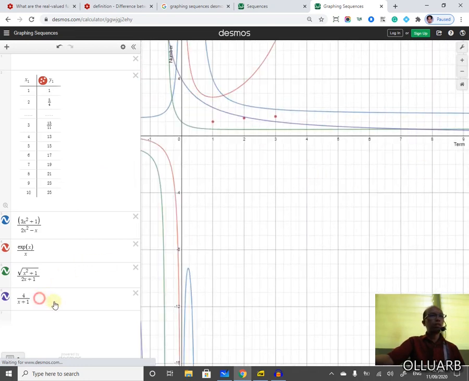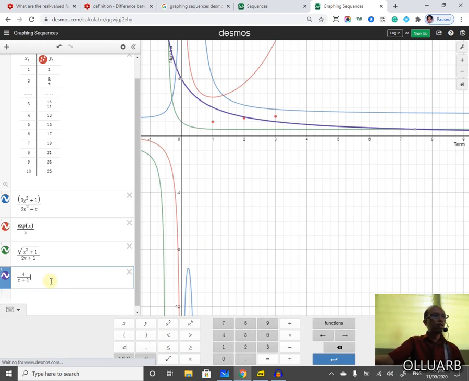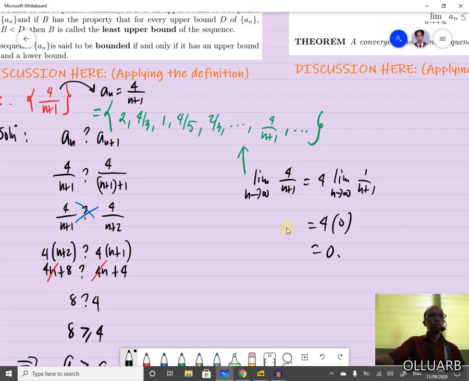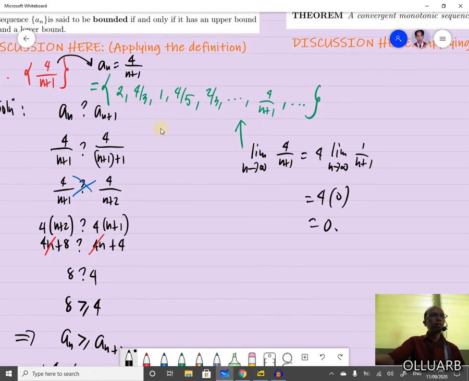Okay, I'm sorry, I was mistaken before. I thought it was the green one, but I think it is the violet one. That's why I was mistaken. Okay, so the limit is 0. So it is decreasing and the limit is 0.